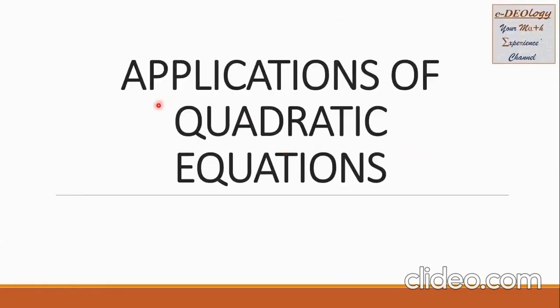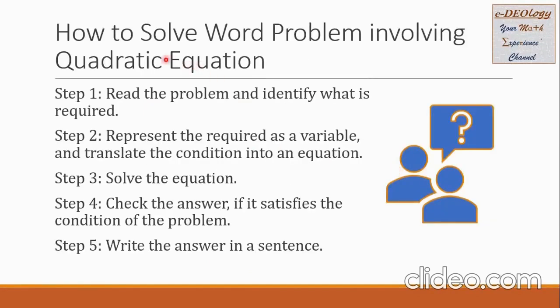Today we're going to study applications of quadratic equations. When we say applications, we refer to word problems. So how do we solve a word problem involving a quadratic equation? We have here 5 steps. Step 1. Read the problem and identify what is required.